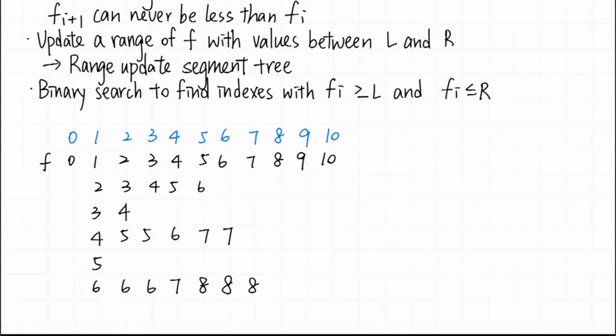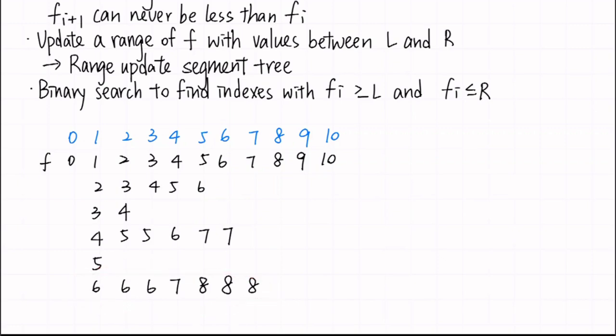And for each of these, we find the left and right index using binary search. So for example, for the first one, we update values in 1 to 5. So we find this index and this index using binary search on the segment tree, and then update the range that we find. And afterwards, we continue to update the last one.